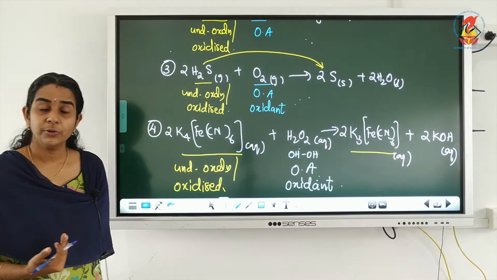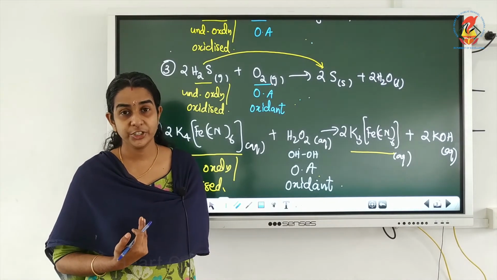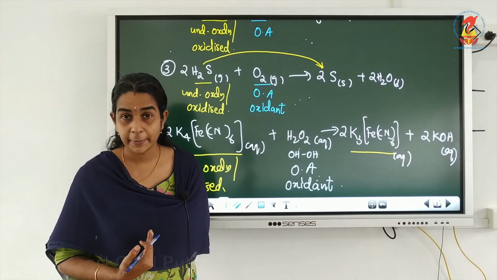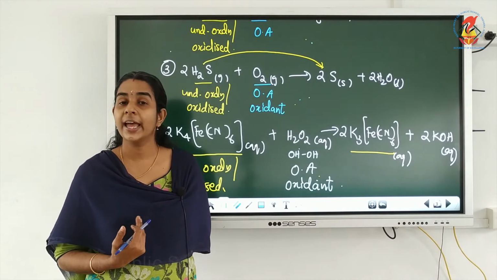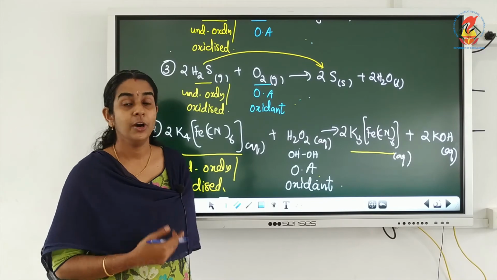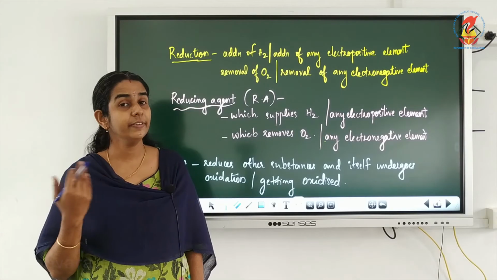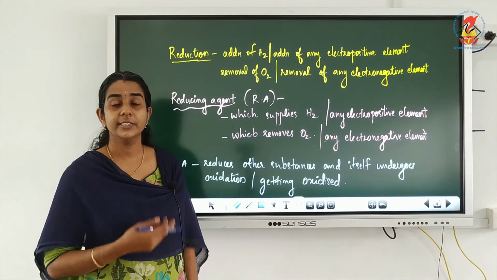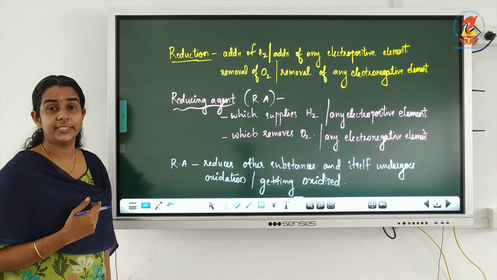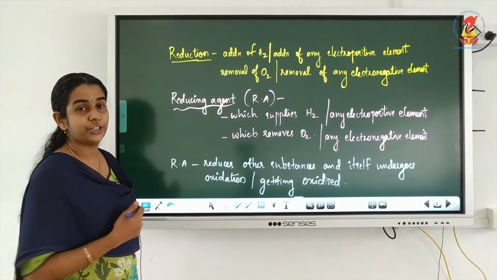So this is about the 3 different types of definitions and 3 different types of examples for oxidation and oxidizing agents. Hope it is clear to you. Now, like oxidation, wherever there is oxidation, there will be reduction also, isn't it? According to the classical concept, how can we define reduction?